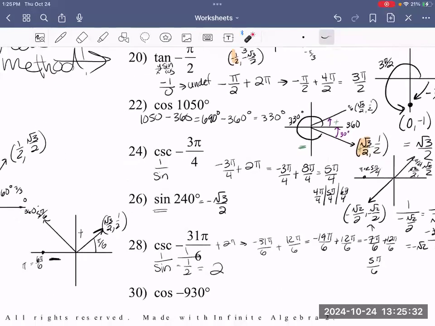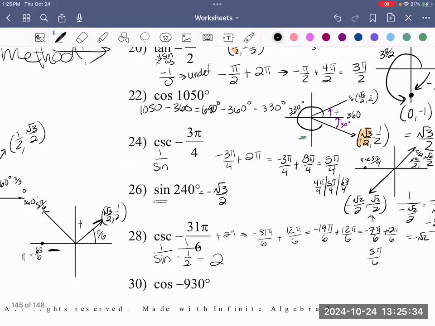We'll do one more. So same thing here. We can add 360 degrees. 360 minus 930 is negative 570. Add another 360 degrees. We are at negative 210. Add another 360. We are at 150.